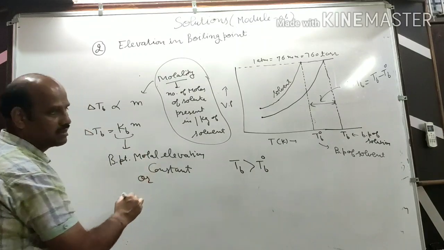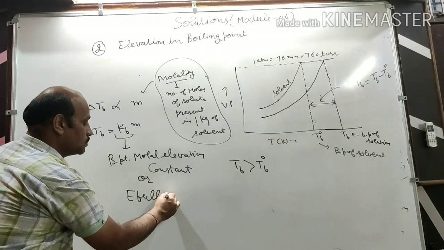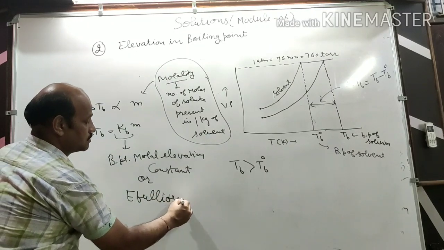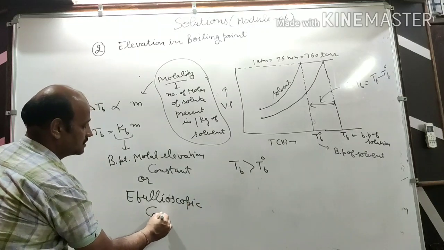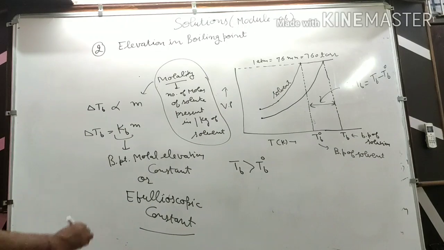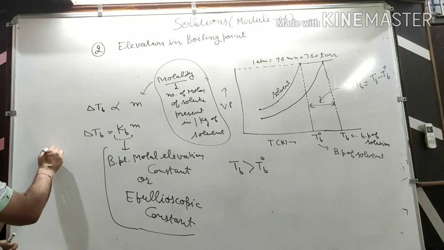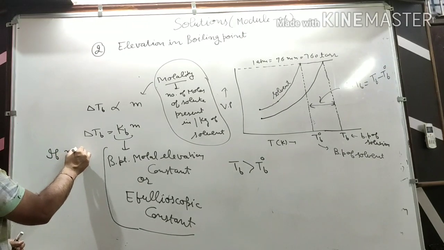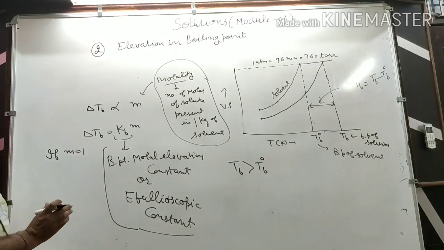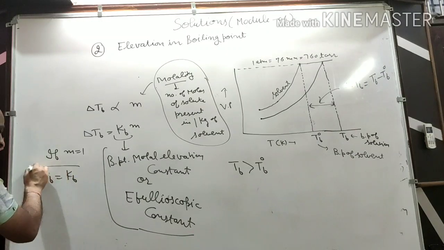Also, another name of it is ebullioscopic constant. Ebullioscopic constant. And how can you define it? If we consider molality is 1, or you can say if we take 1 molal solution, then delta TB equal to KB. That is the definition.